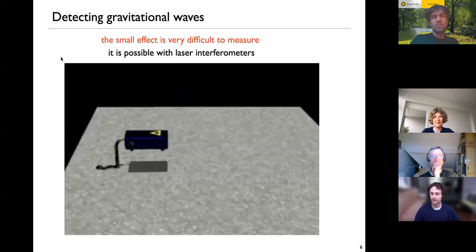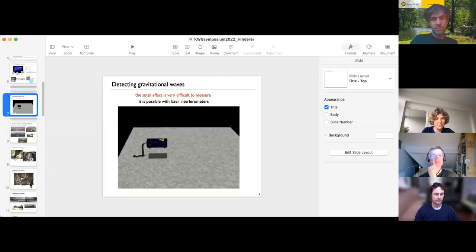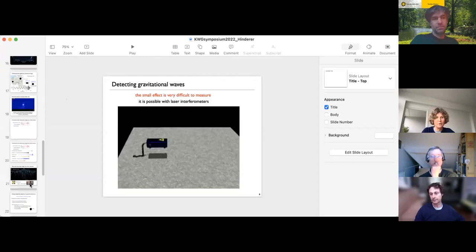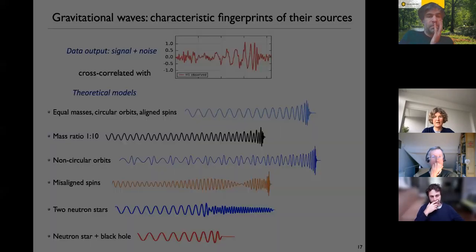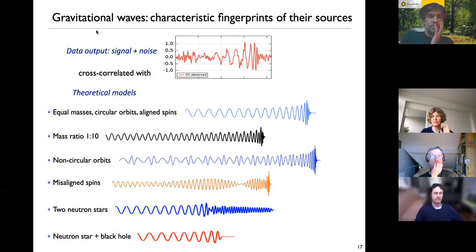Yes, that's a very good question. I think this goes back to what I showed about the theoretical predictions, how the waveforms can change when changing the parameters of the system. And yes, it is true.